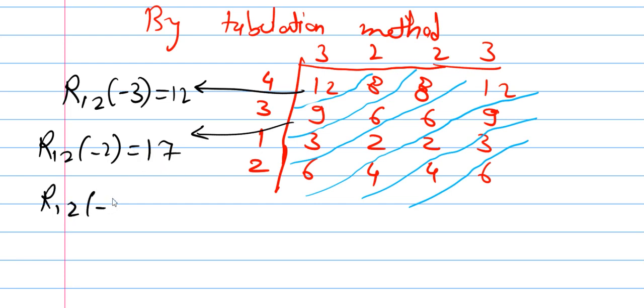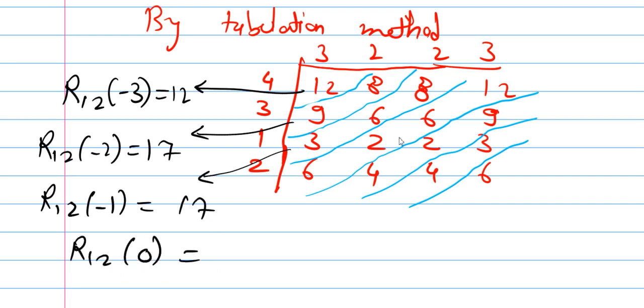The third value is R12(minus 1), its value is 3 plus 6 plus 8, that means 17. Then the next value is R12(0): 6 plus 2, 8, 8 plus 6, 14, 14 plus 12, 26.